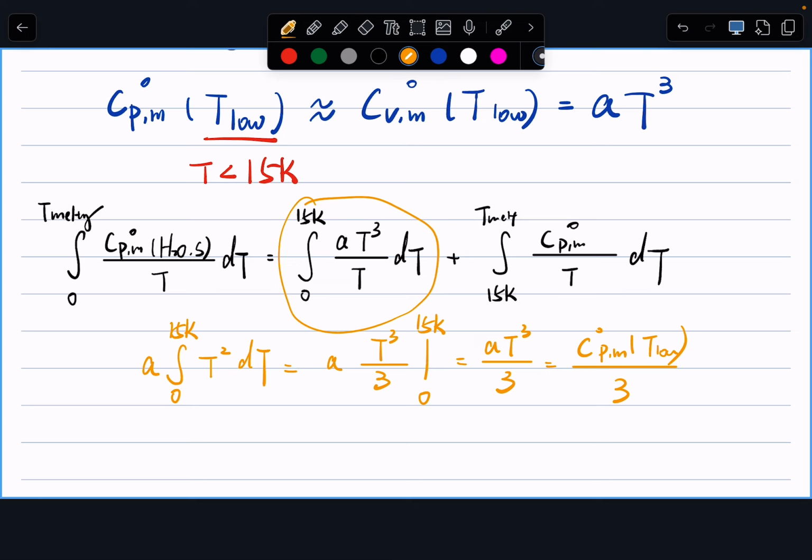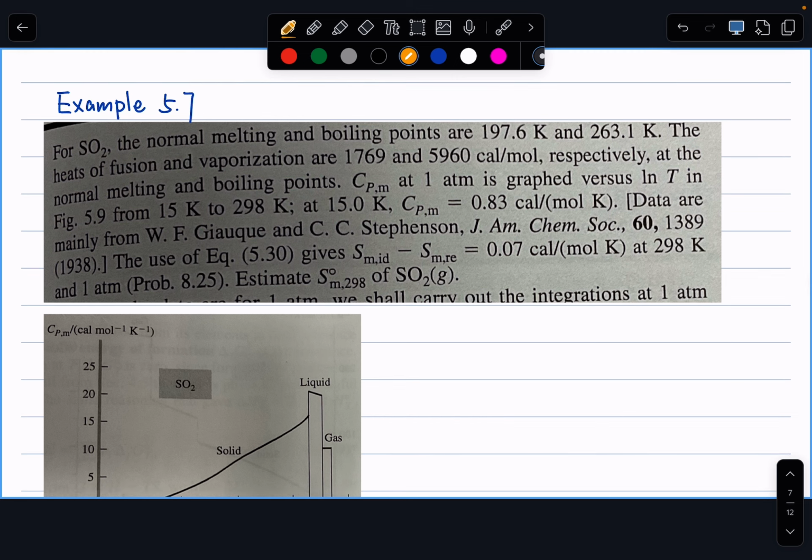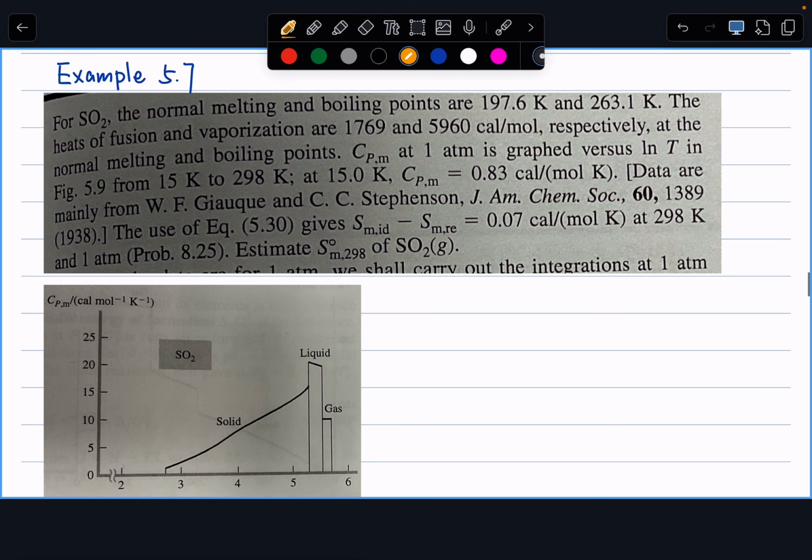And let's look at one example question together, a very comprehensive example involving the actual measurement of a species and the measurement of its conventional molar entropy. One day I'll replace this with the actual screenshot from the table, but bear with me a little bit. So here is example 5.7.